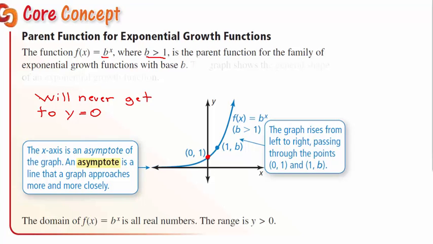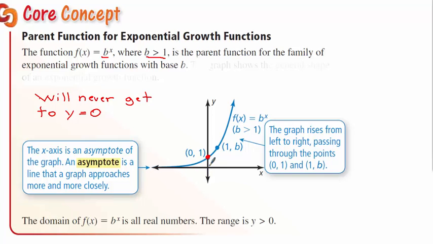Exponential growth. The graph will always look like this, and it will not cross the x-axis ever unless we start shifting the graph up or down. This is called an asymptote again. I approach it, I never cross it. You cross it, you're drawing it wrong.